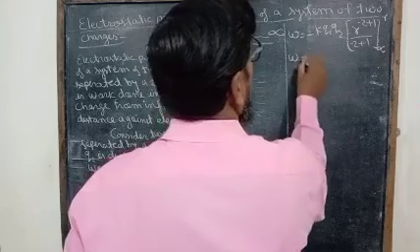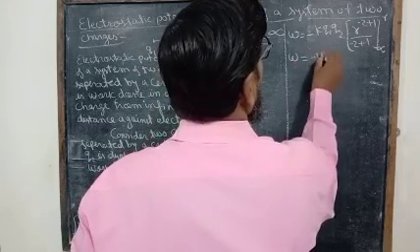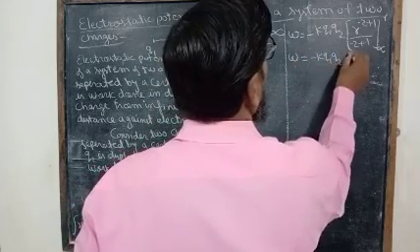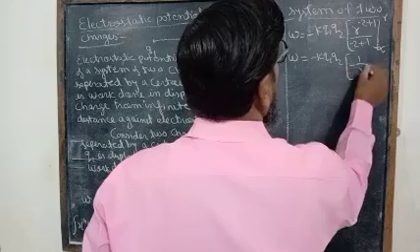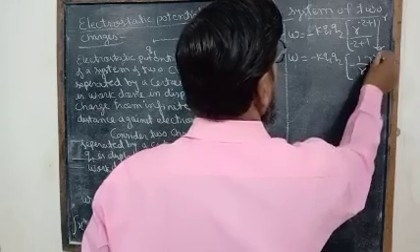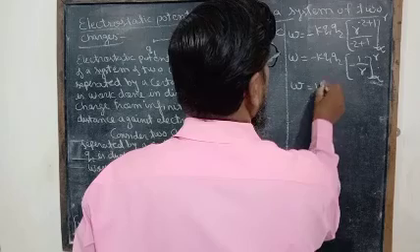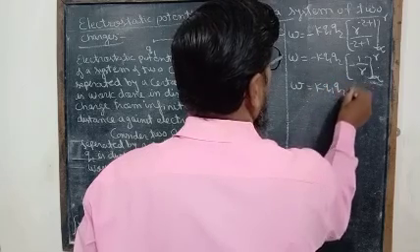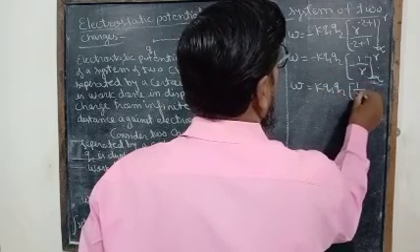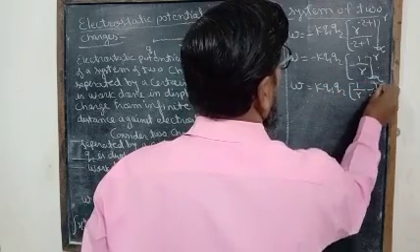Or W is equal to minus K Q1 Q2 times minus 1 upon r from infinity to r. Or W is equal to, taking this minus out, K Q1 Q2 times 1 upon r minus 1 upon infinity.